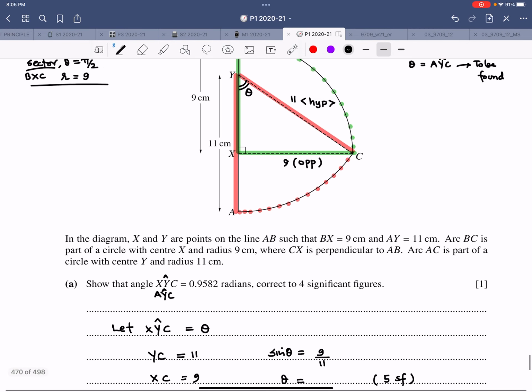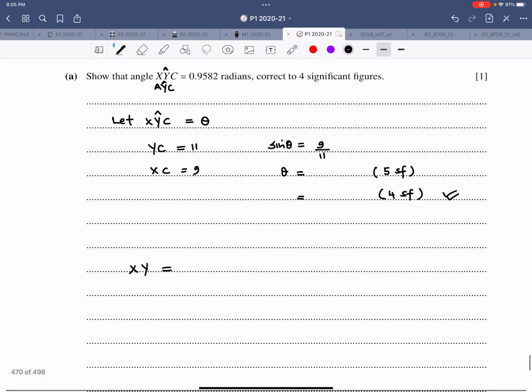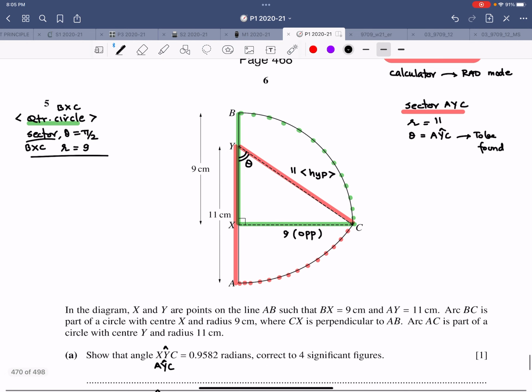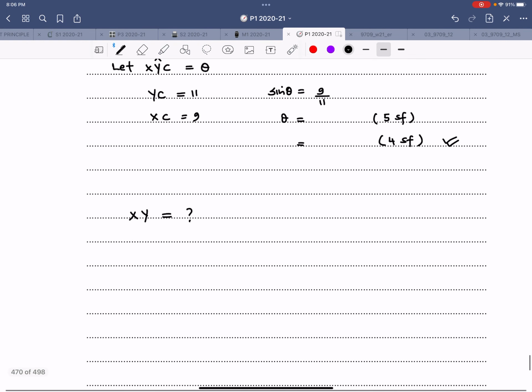In order to calculate YB, first calculate XY. So now if I calculate XY, this is unknown. This is 9, this is 11. So XY squared plus 9 squared equals 11 squared. XY squared plus 81 is 121.